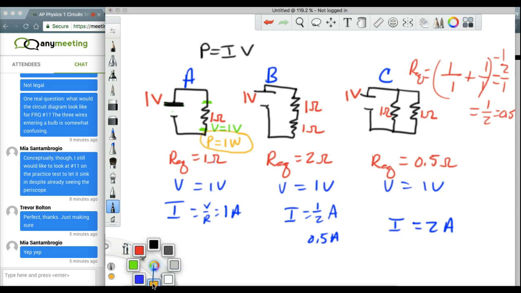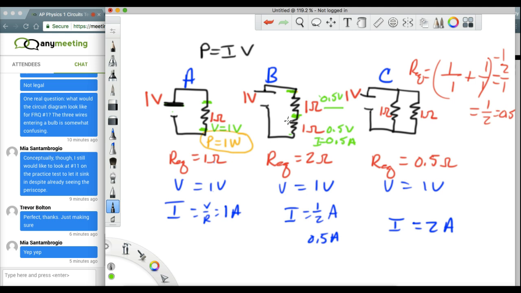Now, the voltage drop across, well, let me do it in green. The voltage drop across here and here is going to be 0.5 volts and 0.5 volts. And the current running through there is also 0.5 amps. Why was the voltage 0.5 here? Well, because the 1 volt had to be split evenly between the 1 and 1 ohm resistor.